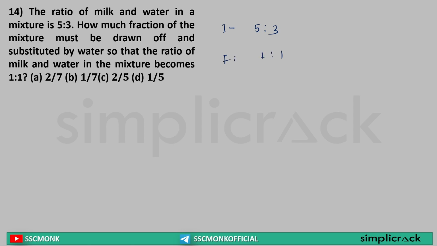So whatever I take out, it should be equal. Sir, this was the total 8. Now the final should be also 8. In order to make it 8, I have to multiply both by 4, because 4 into 1 is 4, 4 into 1 is 4, 4 and 4 make 8. So water is equal to 4 ratio, milk is equal to 4 ratio.